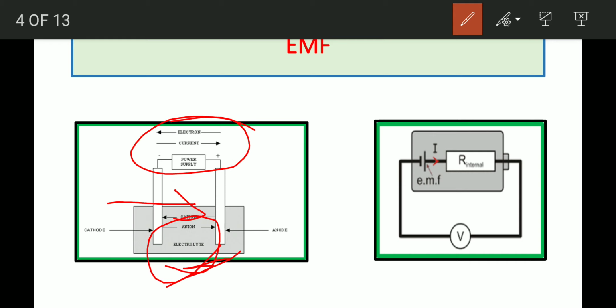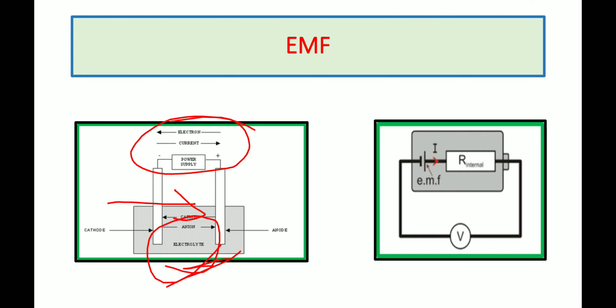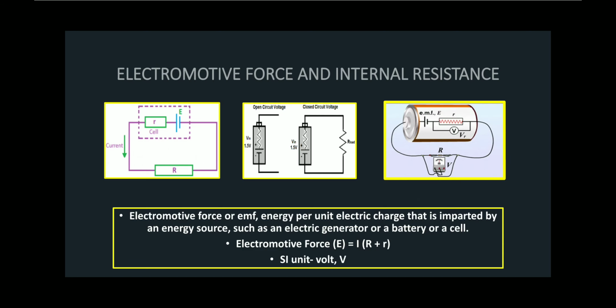And why is this happening? Just to maintain a continuous flow. This gives rise to internal resistance, because when it happens, the resistance is offered by the electrolyte inside the cell to the flow of electrons. And therefore, this is the cause of internal resistance.